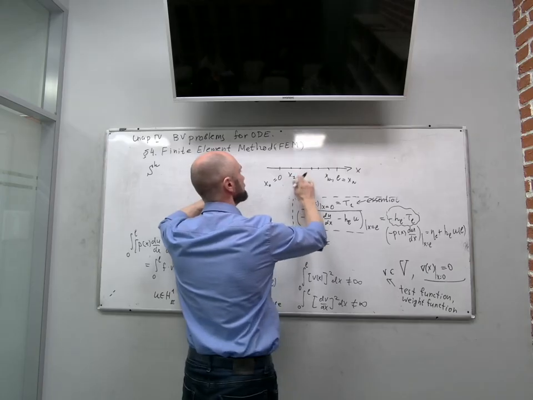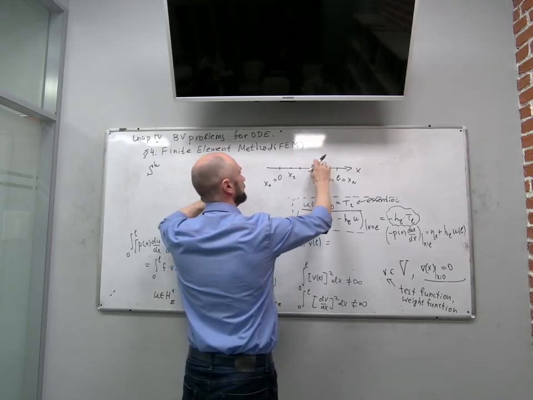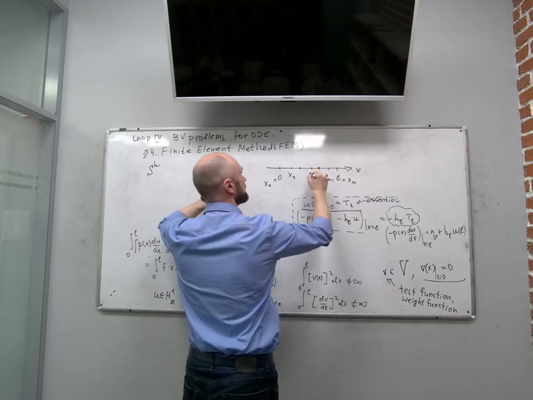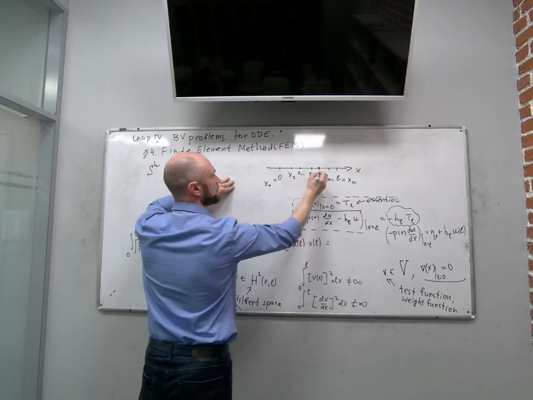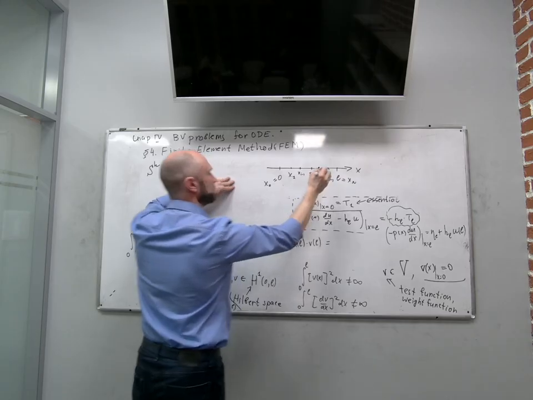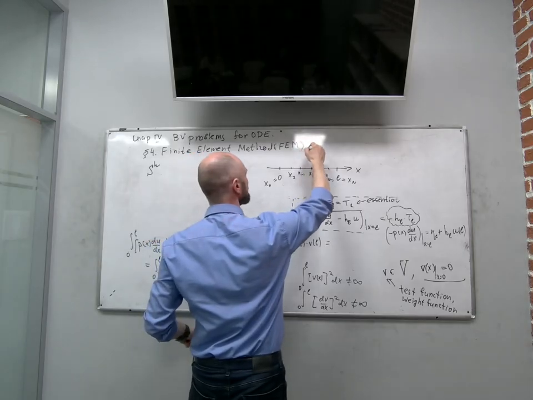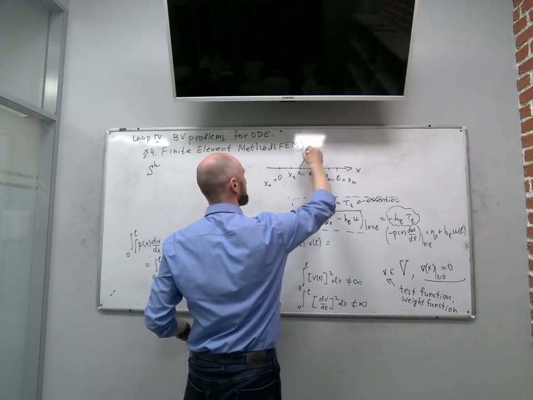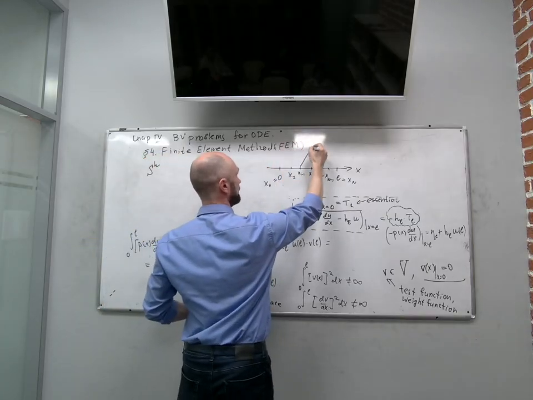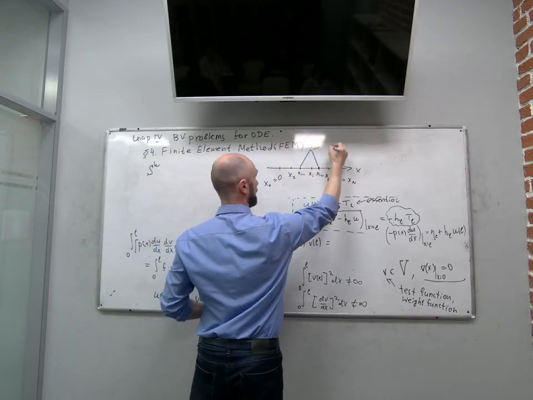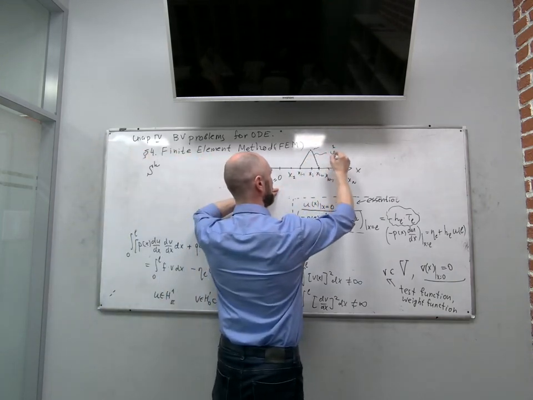Let me change the picture here a little bit. Let's take the node i, the node i minus 1, and the node i plus 1. Let us introduce such functions that take a value of 1. Let's call this function phi_i.